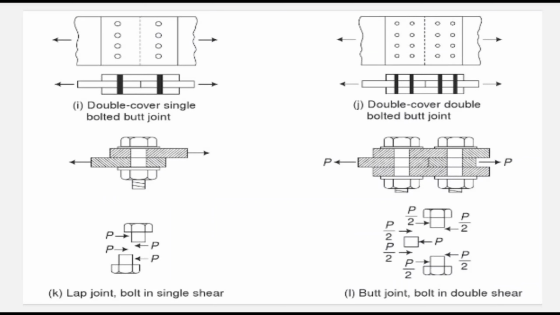The lap joint bolt is in single shear, with forces acting on two sides, for example pull and push motion. A double covered double bolted butt joint has the bolt in double shear.